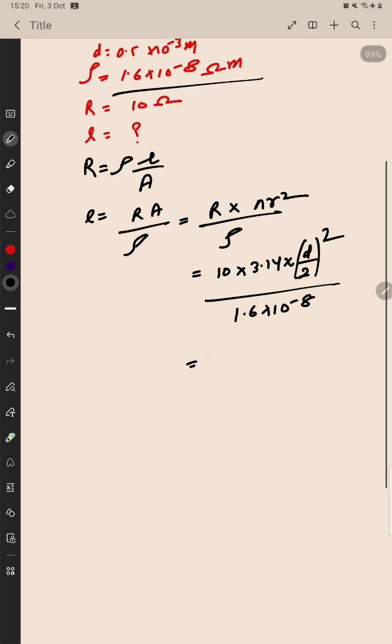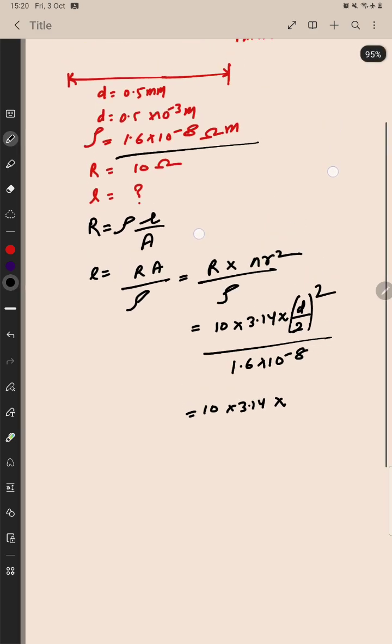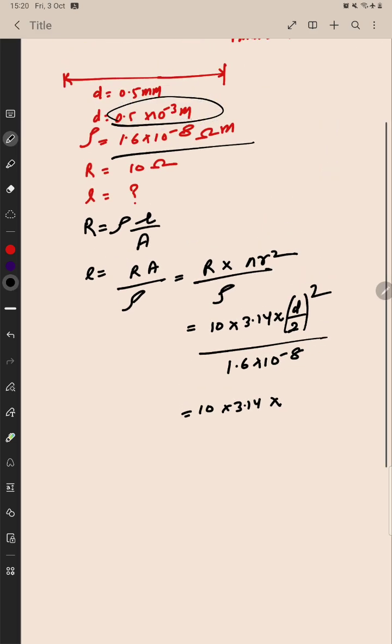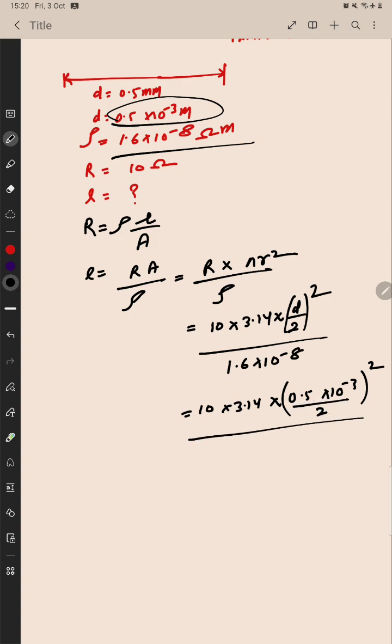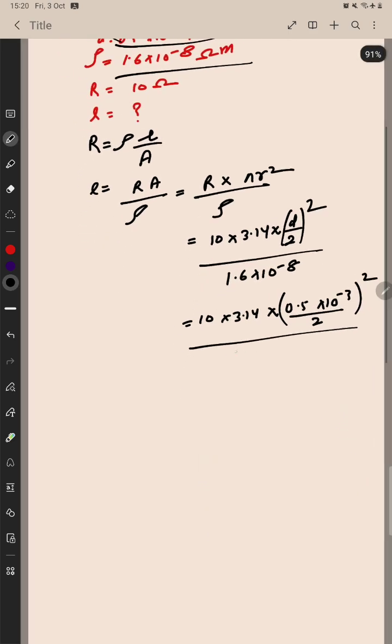Now let's try to solve it. 10, 3.14, d we have just now found, 0.5 into 10 power minus 3, and that is going to be squared, and this 2 is divided by 2, total divided by 1.6 into 10 power minus 8, the resistivity. Now let us try to solve. 10 into 3.14, 0.5 multiplied by 0.5 and multiplied by 10 power minus 6.